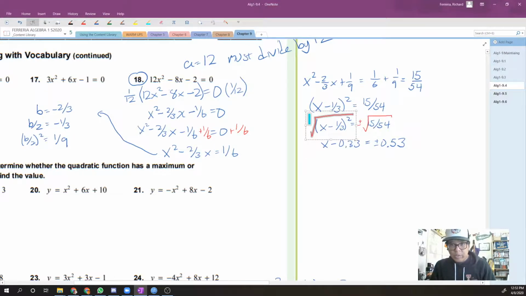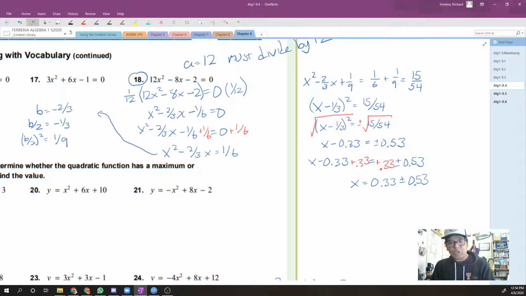There's our square root, and you'll notice that now I've turned everything into decimals. x minus 0.33 equals plus or minus 0.53. So we're dealing with some pretty small numbers here. Now we're going to add 0.33 to both sides, and we get x equals 0.33 plus or minus 0.53.